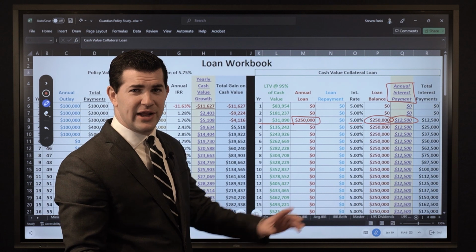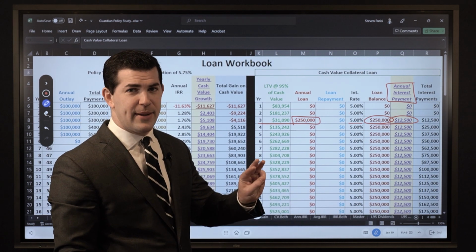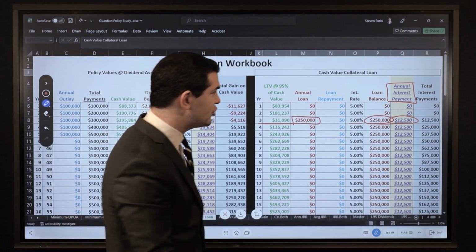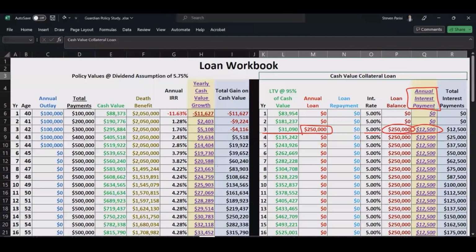What does a policy look like if we pay interest, don't pay any interest or any principal, and then pay it back in full? This example will just show paying interest and then paying it in full. But we've got the annual interest payment, which shows how much you're paying each year in loan interest, $12,500.